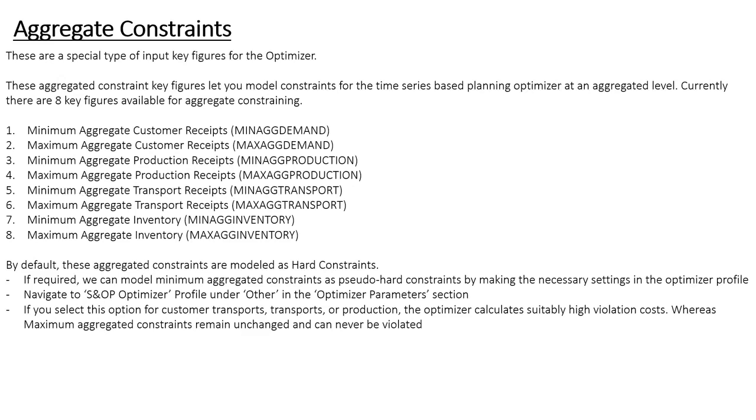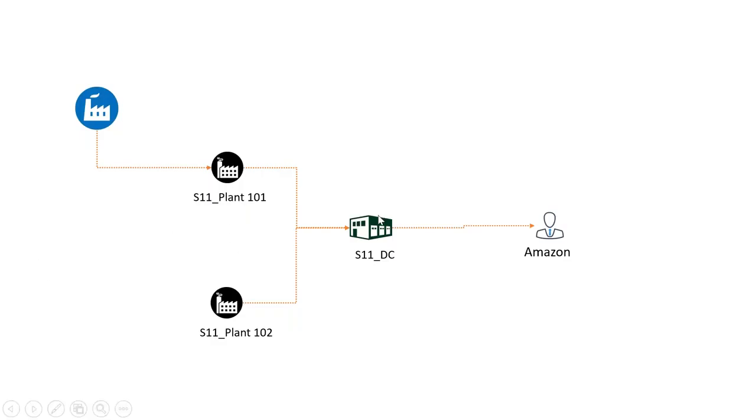For example, if you want to constrain on a transportation lane from plant 1, in a particular week when it is sending to the DC, and you say my adjusted transport receipts is 111 for that time bucket, on that particular transportation lane, and for the product that we specified, the supply planning output would be the same as adjusted transport receipts.